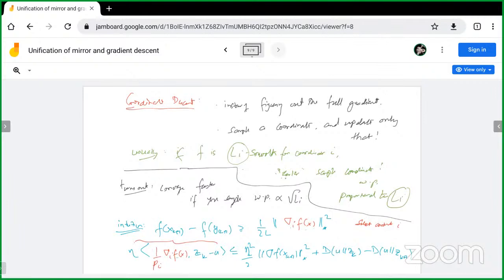And now if you do that, then this thing here becomes gradient i squared over pi squared, right?